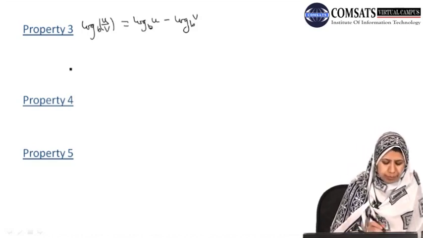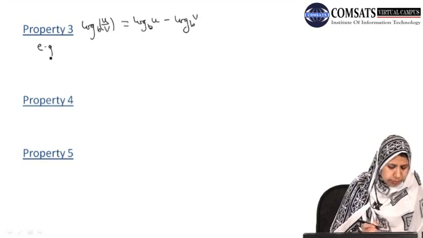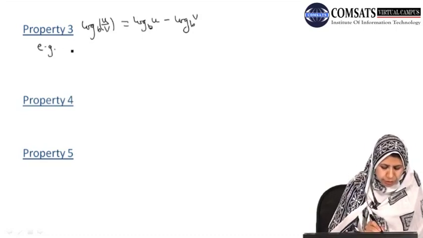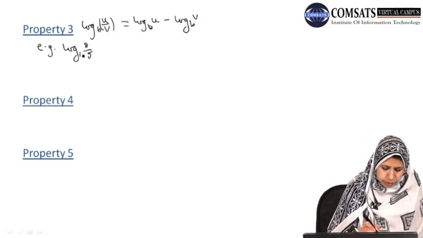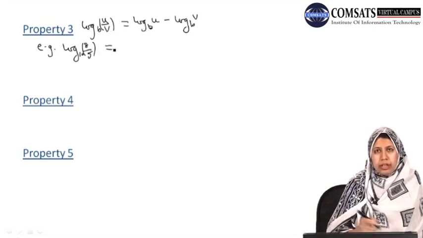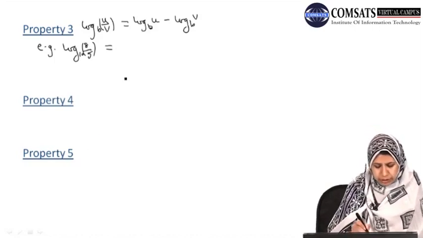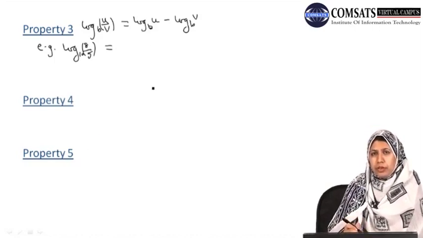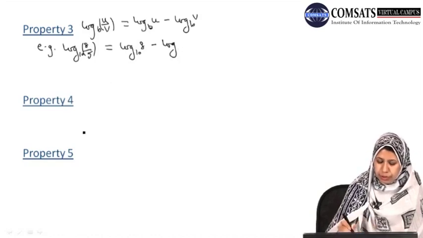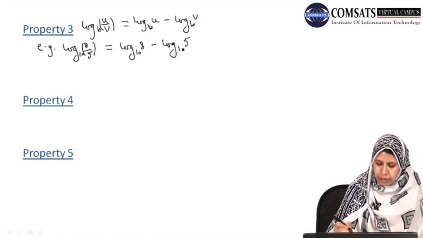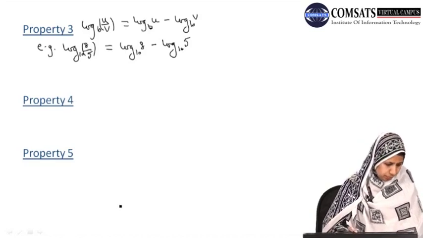For example, if we have log of 8 over 5 to the base 10, now we have log of a ratio, so we will take the difference of the logs, that is the log of 8 to the base 10 minus log of the denominator, which is 5 to the base 10.